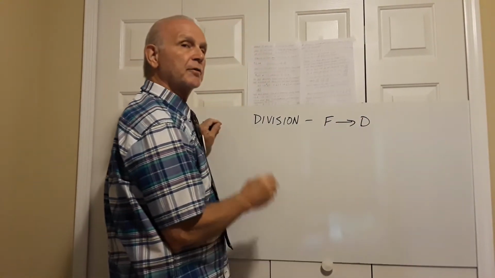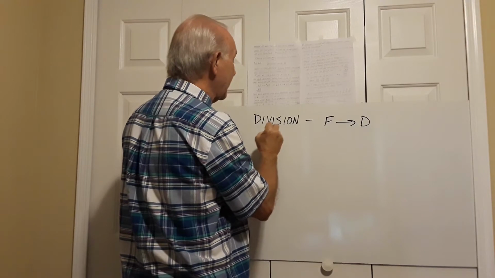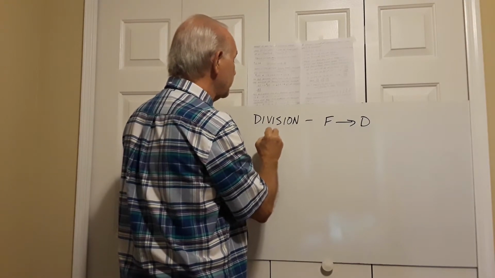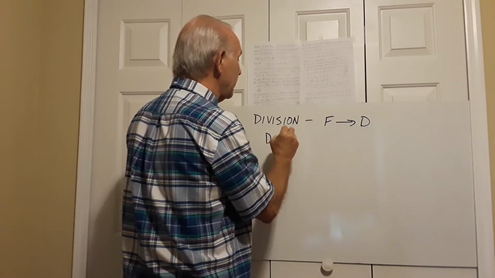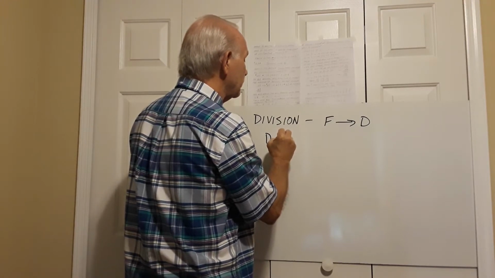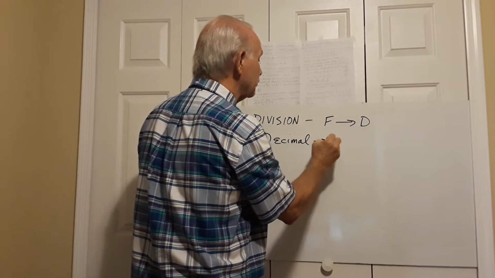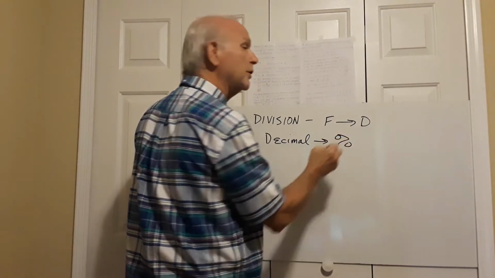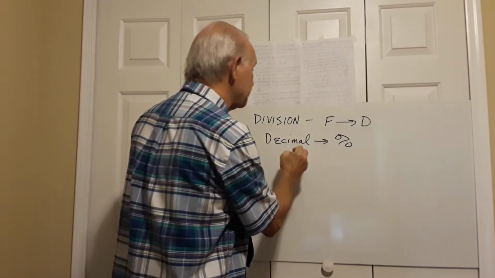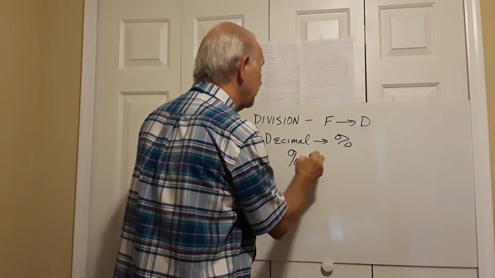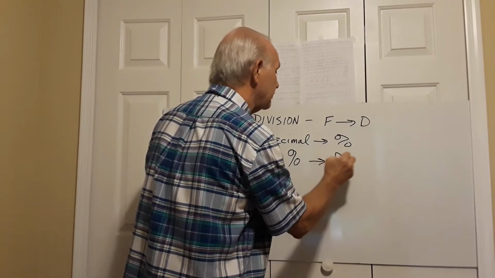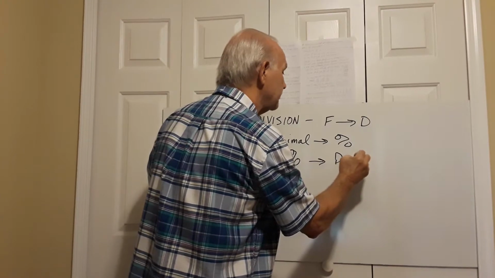We also found how easy it is to take the decimal, we'll put the decimal here, and convert that decimal into a percent. We also saw how easy it is to take the percent and turn it into the decimal. That was pretty easy, right?